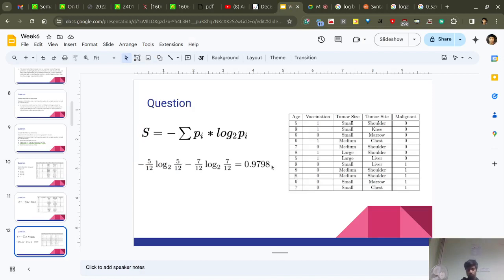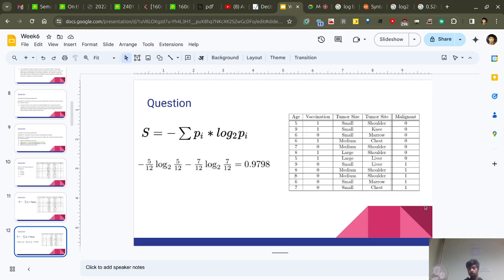Again, if you have a 3 class problem like 0, 1 and 2, you have to just add another variable. Suppose you have 15 samples, with malignant yes, no, and suppose there is another class called unsure, not sure if it is dangerous or not, labeled as 2.